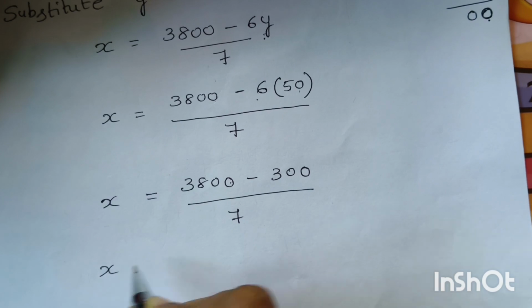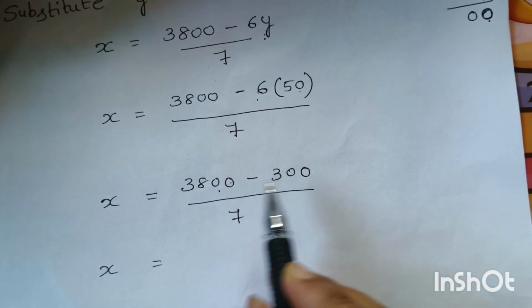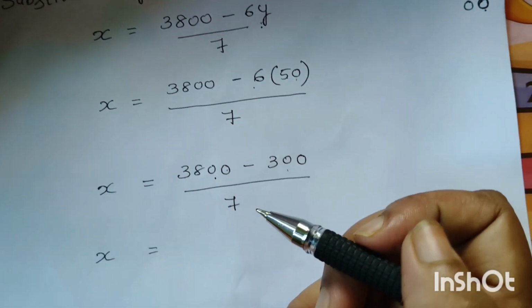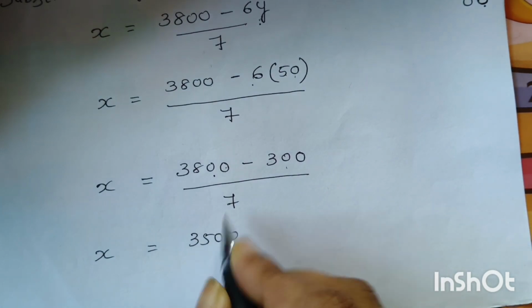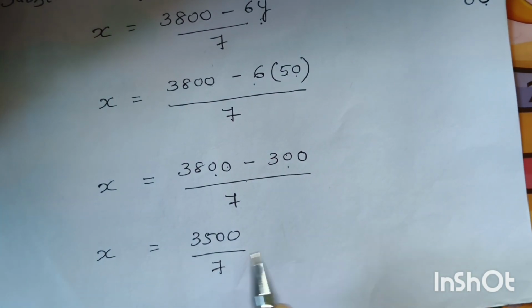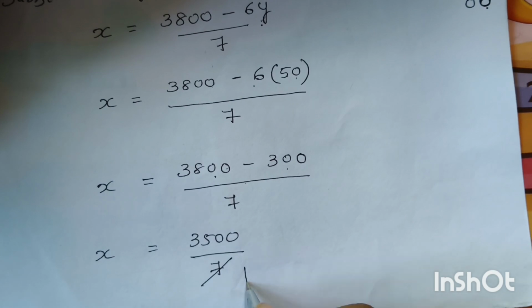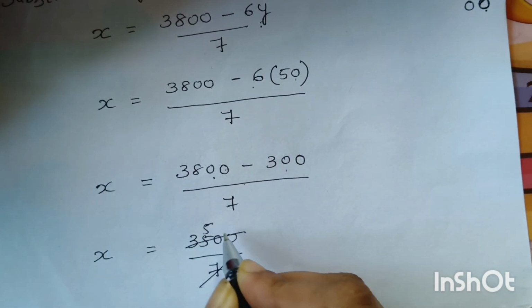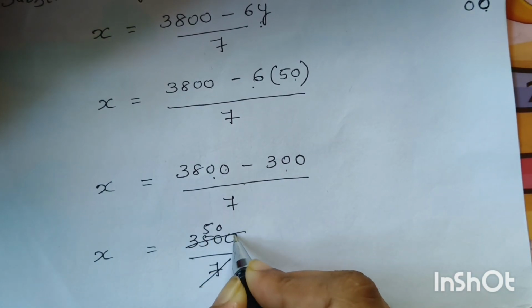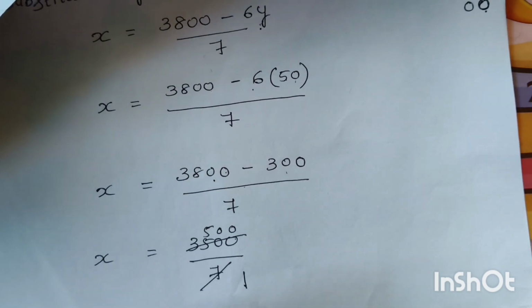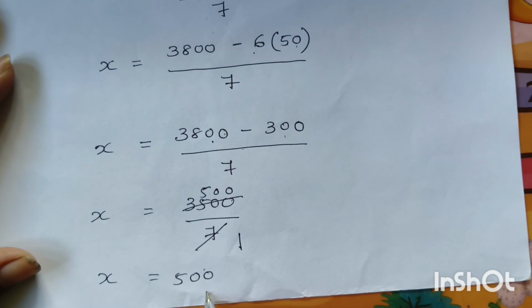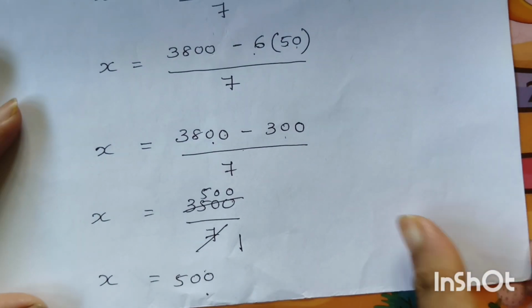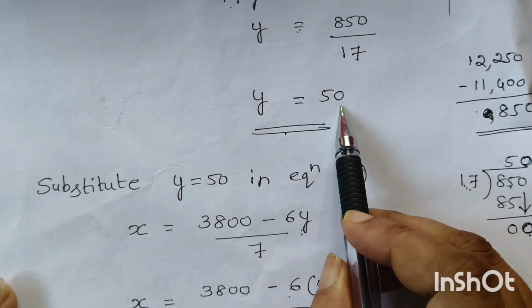X is equal to 3800 minus 300 is how much? 3500. 3500 divided by 7. 7 ones are 7, 7 5s are 35. For this 0 let us write 0, and for this 0 let us write 0. X is equal to 500. That is, the value of x is 500 and the value of y is 50.